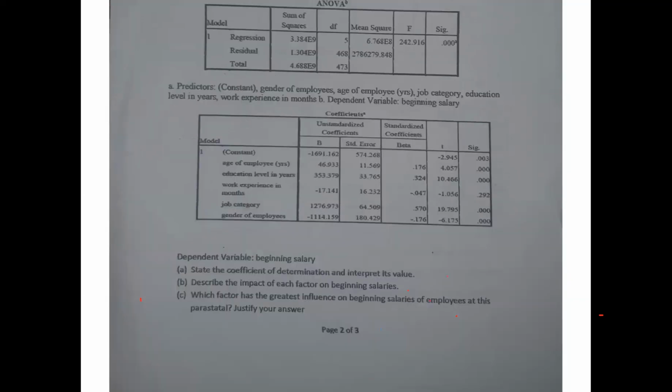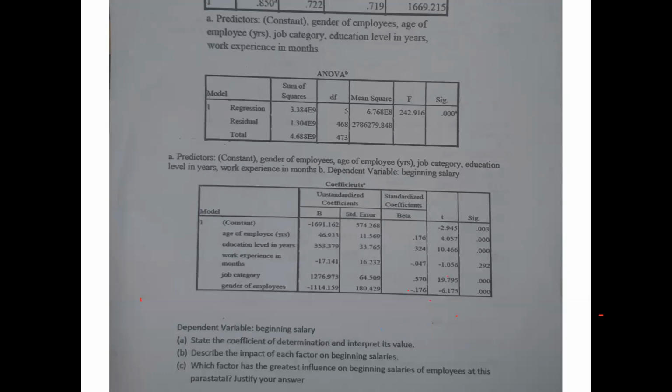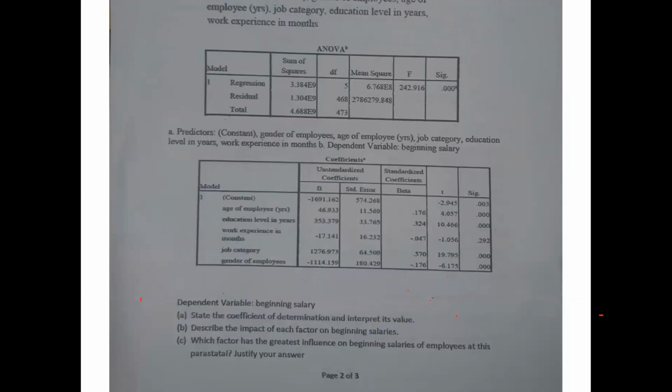Describe the impact of each factor on the beginning salary. We have talked about the impact, right, of each factor. For example, age of employee, a percentage change in years of employee will lead to a what?